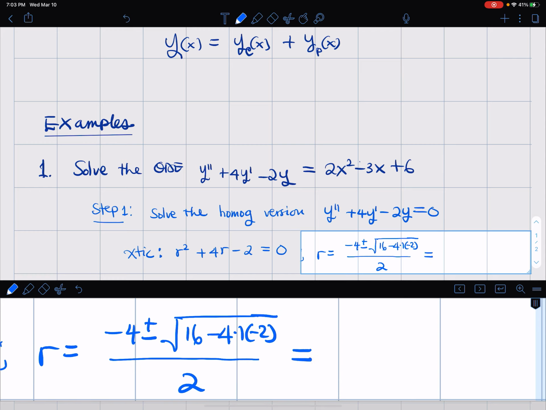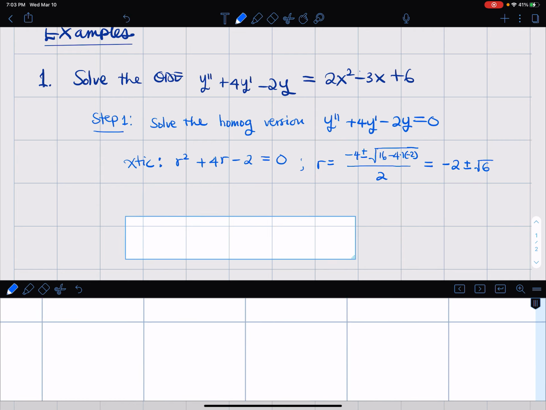This boils down to negative 2 plus or minus the square root of 6, since inside we have 16 plus 8, which is 24. Okay, so those are our roots.